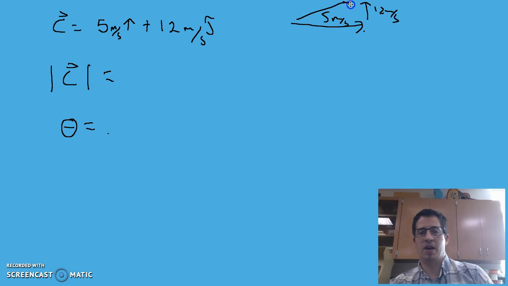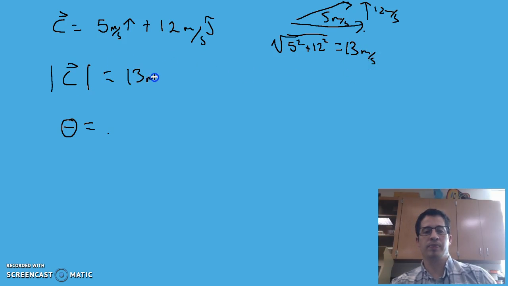I want to find the magnitude, so it's going to be the square root of 5 squared plus 12 squared. Okay, you might recognize this as a Pythagorean triple, and so we get 13 meters per second as our magnitude. Then for our angle, we're going to say the tangent of theta is equal to 5 over 12, or sorry, 12 over 5.